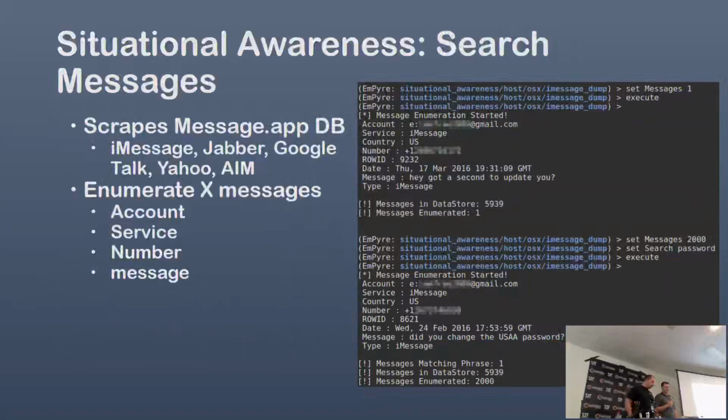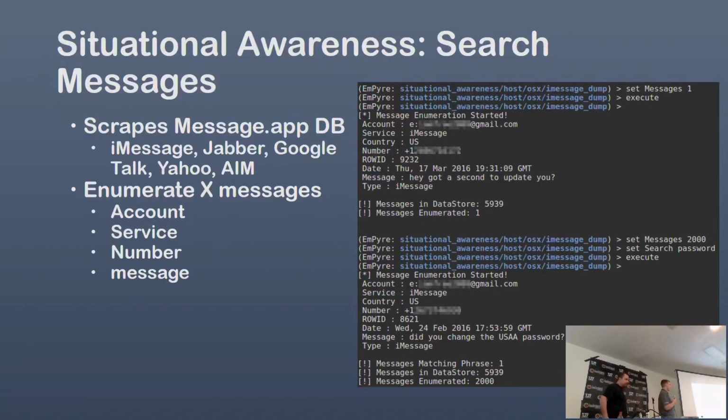Another thing, and I actually put this one together, is that I wanted to have the ability to search your message store. It turns out that this is all from user context as well. It's basically a SQLite database that is stored on disk, and it nicely sorts it all out for you depending on the service that you actually use.